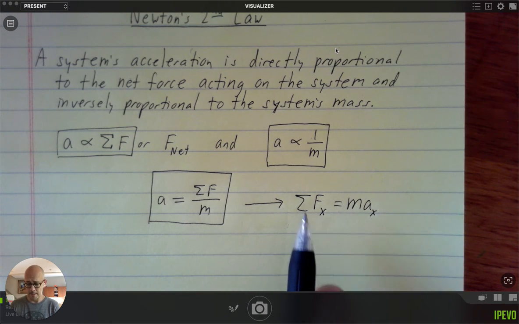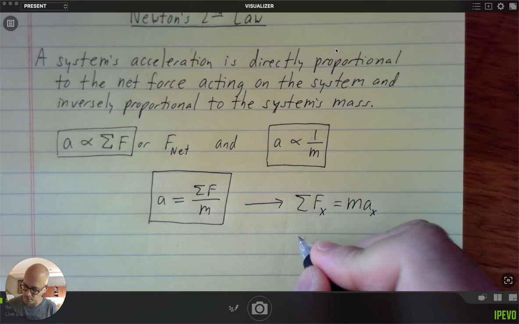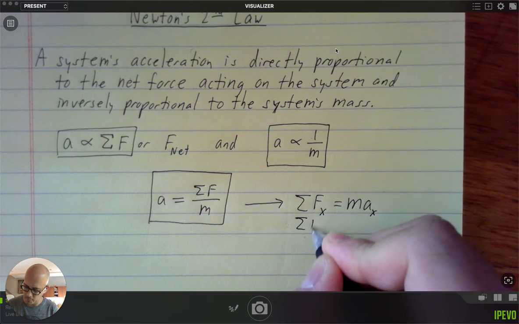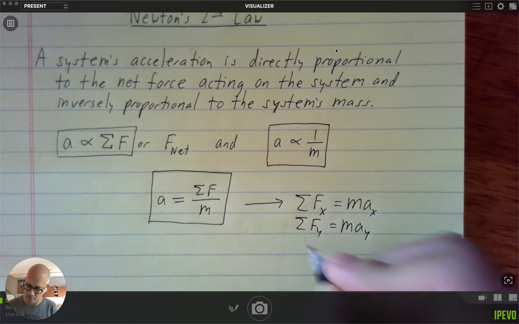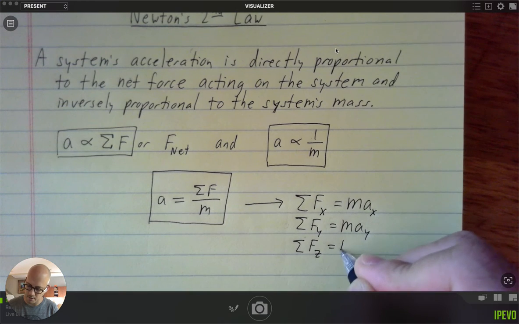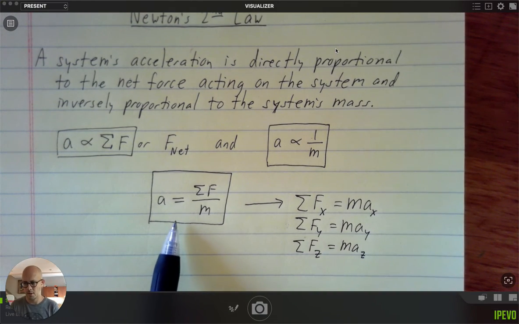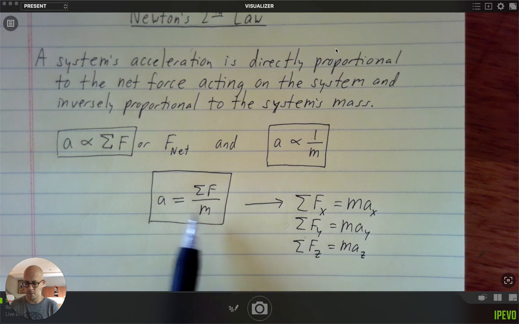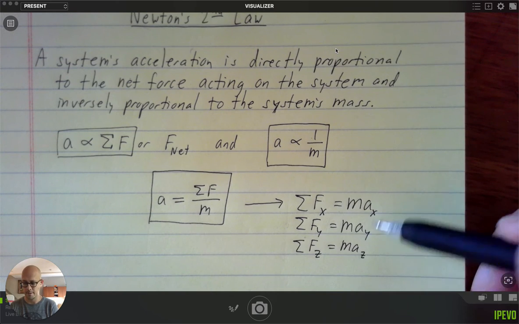And so we can have a net force in the x direction that causes acceleration in the x direction. We can also have a net force in the y direction that causes acceleration in the y direction, and then a net force in the z direction that causes acceleration in the z direction. So this equation is usually written net force equals mass times acceleration, and it implies all three of these things.